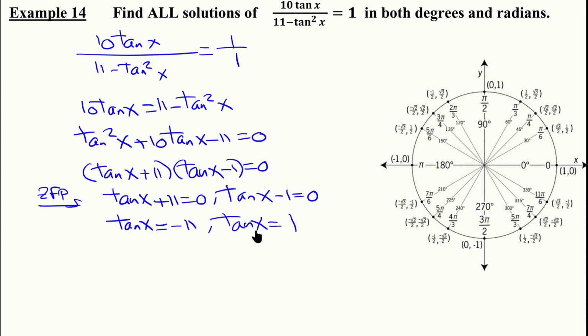Now this one, we know that we can do without any problems. So the only one that we're gonna have to utilize a calculator for is this one. This one is not one of those values that we can get from our special triangles.